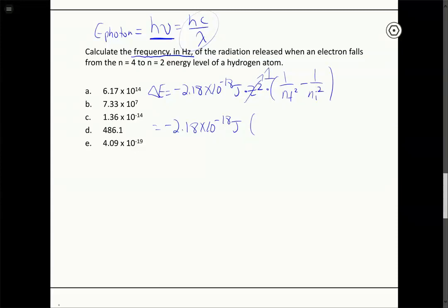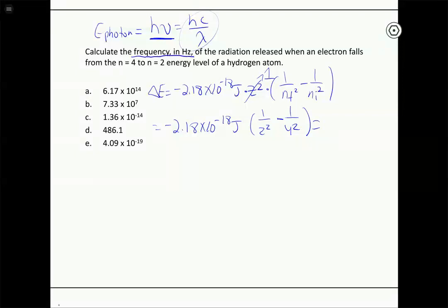And then n final and n initial is going from 4 to 2, so it's going to be 1 over 2 squared minus 1 over 4 squared. This once again is going to be a negative number because we're going from a higher value of n. And so what I got for this was minus 4.09 times 10 to the minus 19 joules.